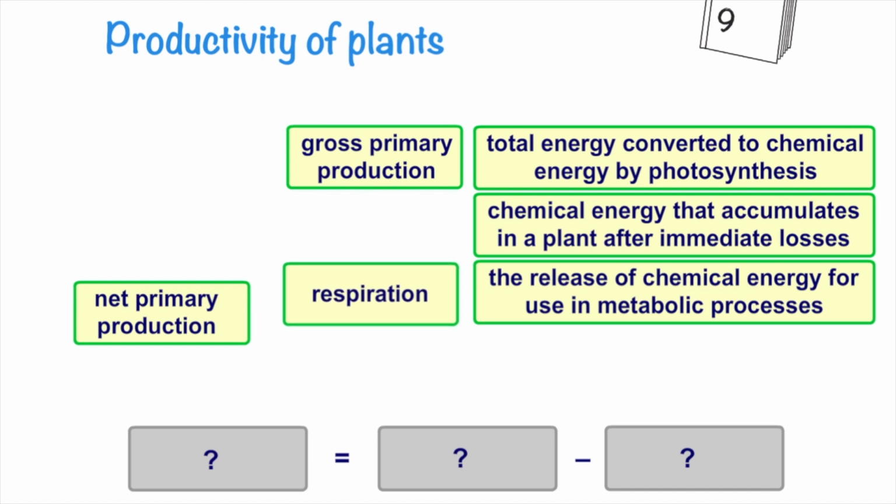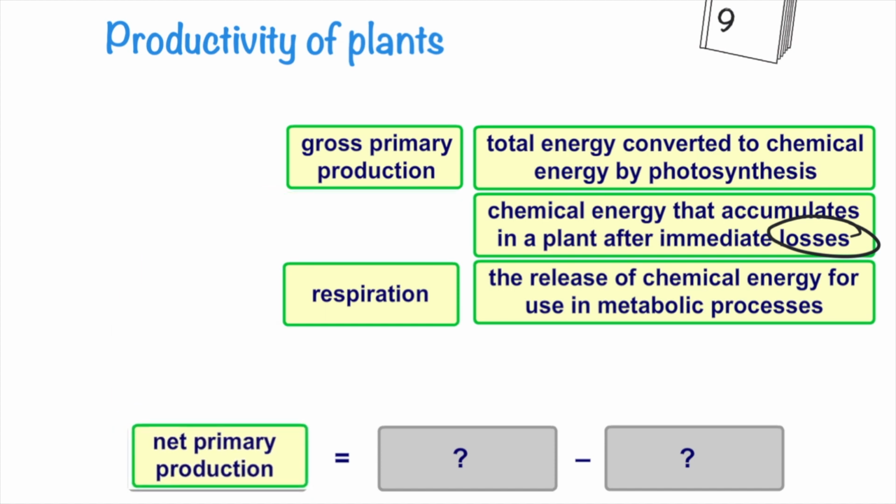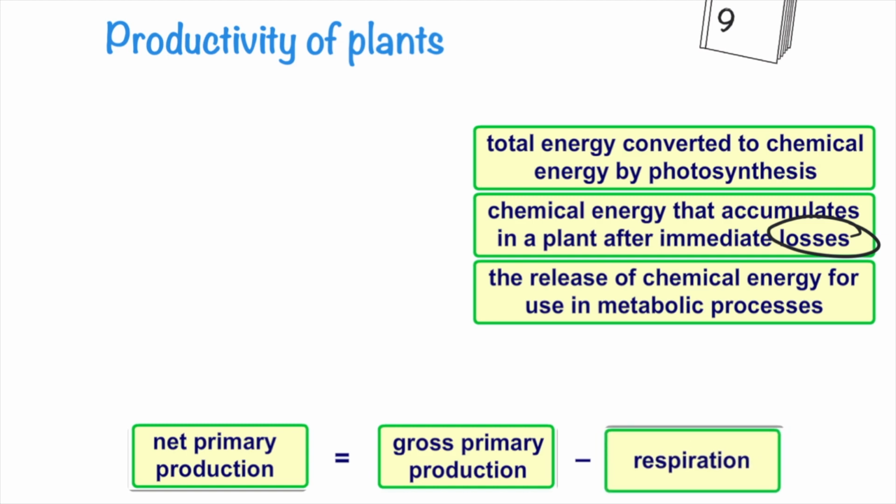And what is left now is net primary productivity. So net primary productivity is the energy that is left after the loss due to respiration. So the formula is going to be as follows: NPP equals GPP minus respiration.